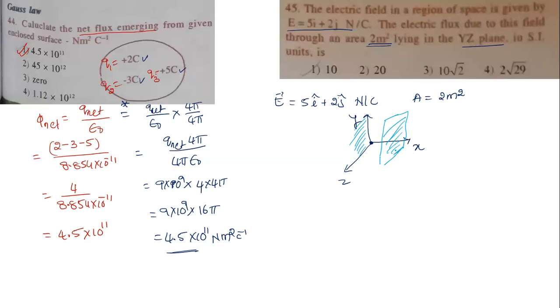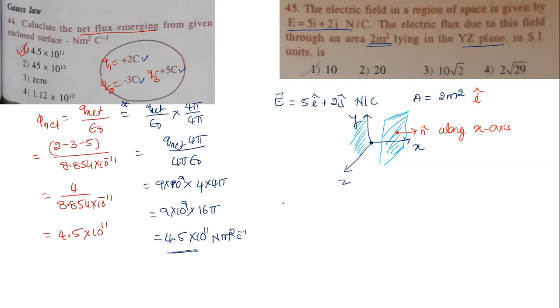If you write the normal vector to this YZ plane, it will be along which axis? It will be along n cap, along i cap, along the x-axis, right? Then area can be written as along i cap, along the x-axis.